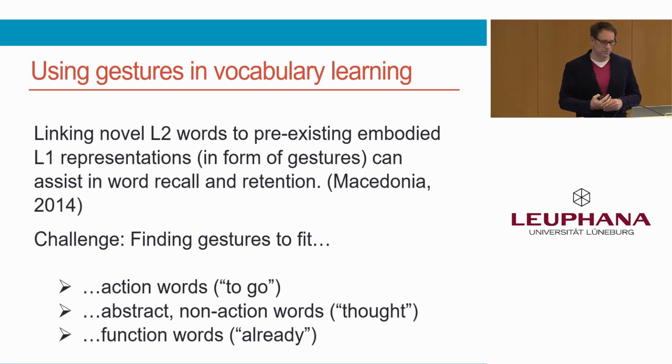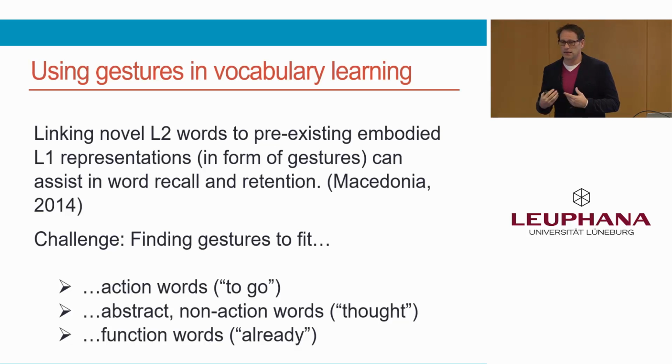And evidently, if you can link that with the L2 word as well and use the first language embodiment, or the first language gesture, this can help in the retrieval of the L2 word later on. So long-term retention evidently also profits from gestures.